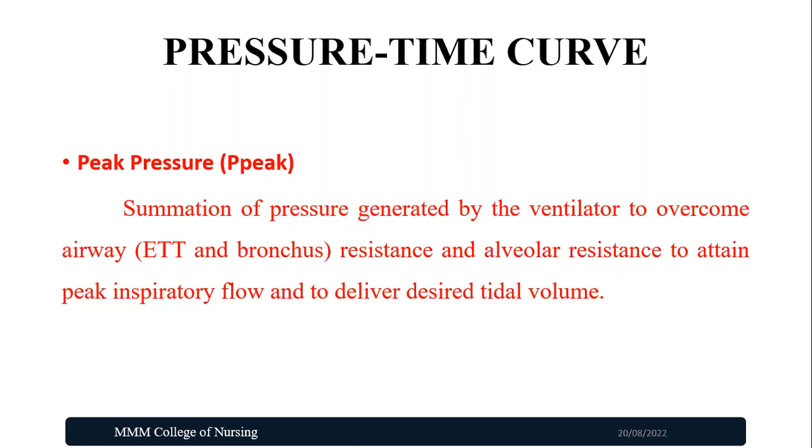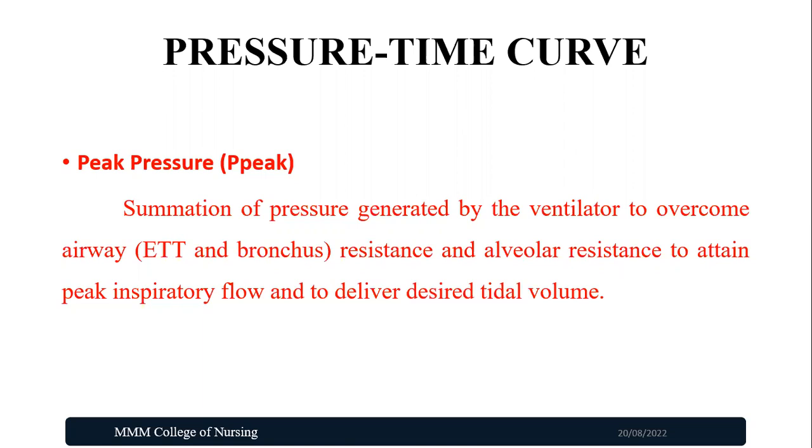Generally, there are two pressures that we need to be familiar with to understand this. One is the peak pressure, and another one is the plateau pressure. The peak pressure is the summation of pressure generated by the ventilator to overcome airway resistance and alveolar resistance to attain peak inspiratory flow and to deliver the desired tidal volume.